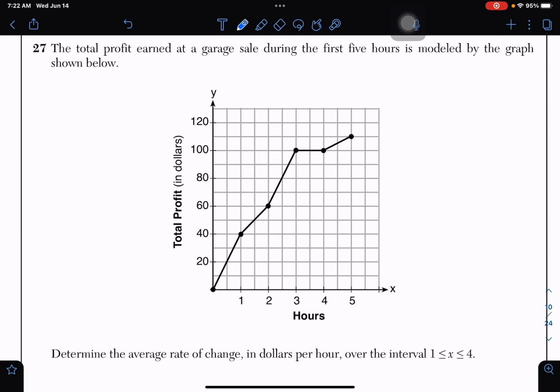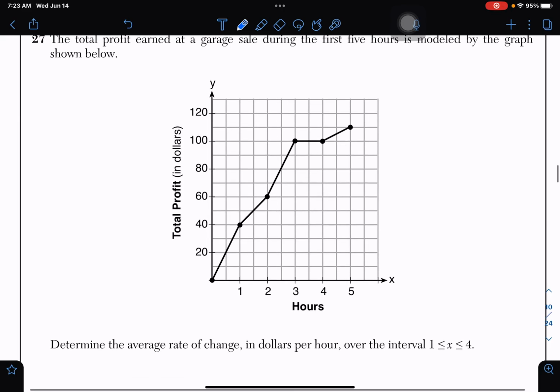So they want to know, determine the average rate of change in dollars per hour from the interval 1 to 4. Okay, so the points we're looking at is one is this point right here, which is 1 comma 40. And the 4 hour mark is right here, 4 comma 100.